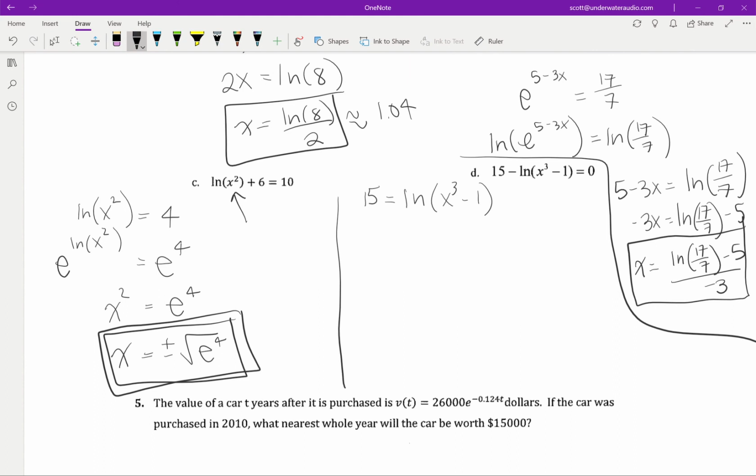Okay, and then I want to get rid of the natural log, so I'll do e to both of these things. e to the natural log of x cubed minus 1. e to the 15 is just a number, and e to the natural log goes away, so I just get x cubed minus 1. And then I would add 1 to this left side, and then just cube root everything.